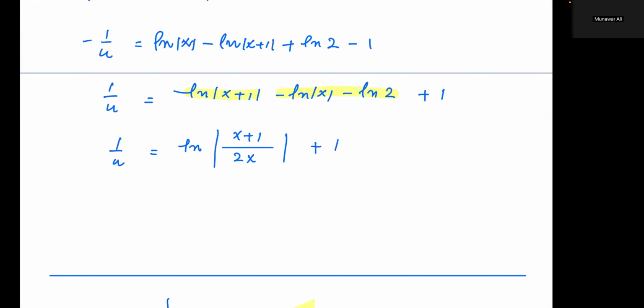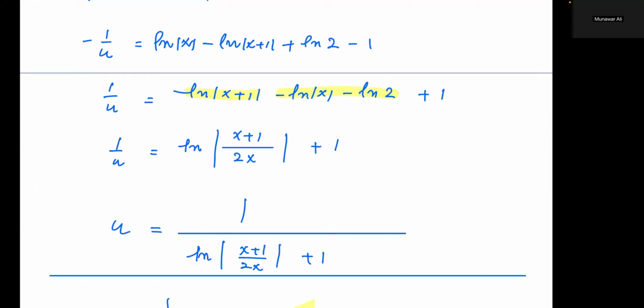And this is a solution. If you want to write the explicit solution, that will look like this one: 1 over everything, because I'm just flipping everything, 1 over natural log of absolute value of x plus 1 divided by 2x, plus 1. That is the explicit solution, but if you want, you can leave the solution at this point as well.